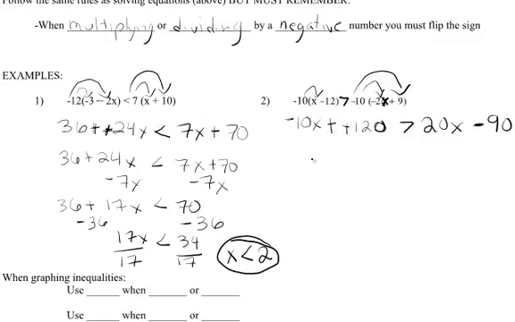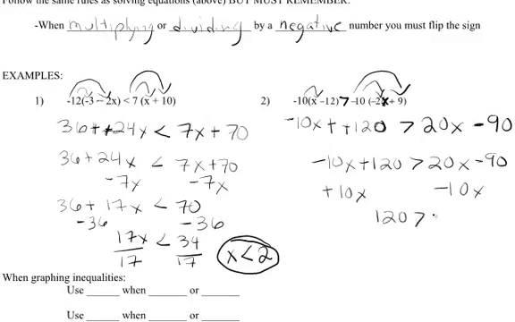Now remember that. So let's rewrite it. Okay. Is there anything that we can combine? No. So let's go ahead and undo. Okay, plus 90.